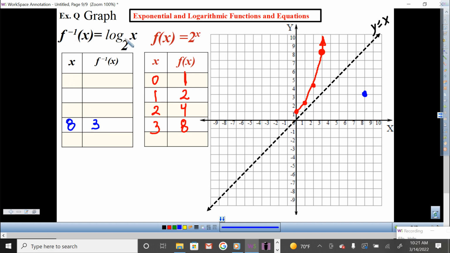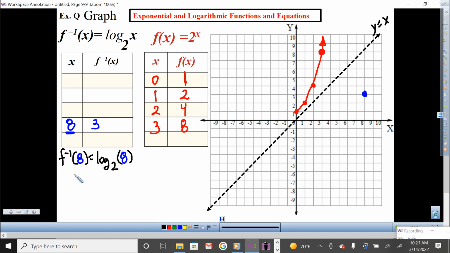I'm going to use this one right here, and I'm going to write f inverse equals log 2 of x. But instead of x, sorry, let me change that with a parenthesis. Look, I'm going to use this value, 8. All right?